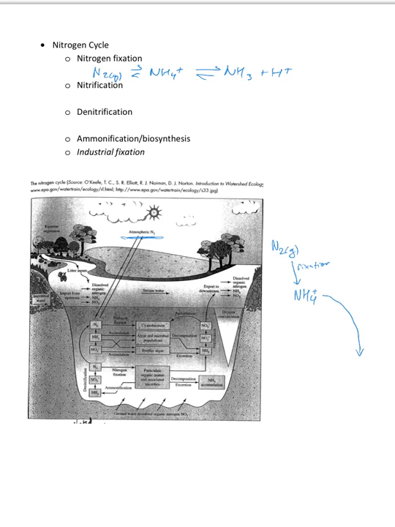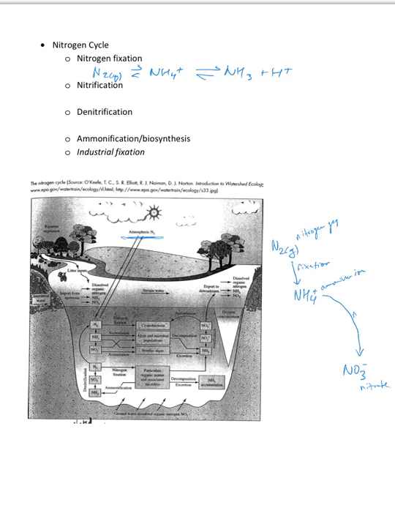So fixation takes nitrogen from the atmosphere, puts it into ammonia, and then we've got the next step where we're going to convert that ammonia into NO3-, which is nitrate. So this is nitrogen gas up here. This is the ammonium ion, and then NO3- is nitrate.